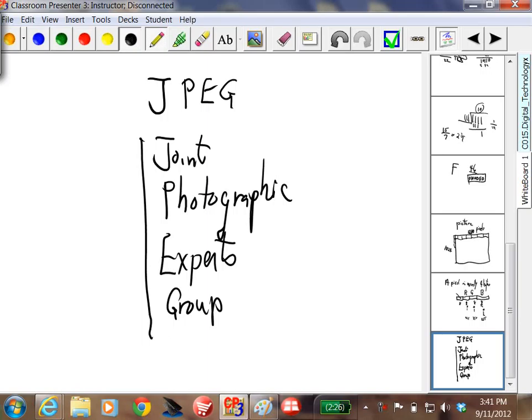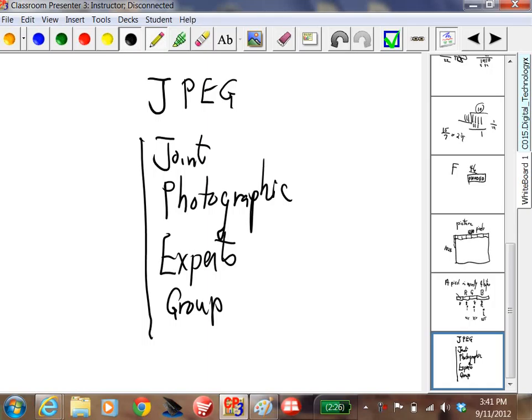This is self-appointed people, modest people, right? Joint photographic experts. And this group came up with the details of how to store photographs. That's one way of doing it.